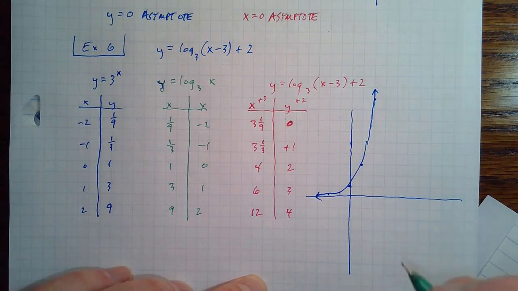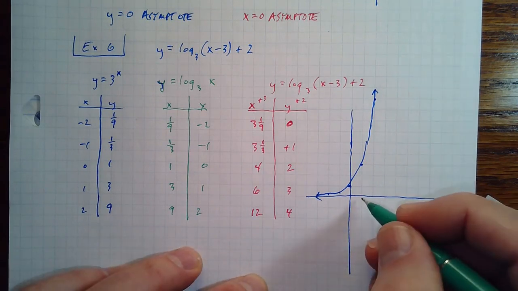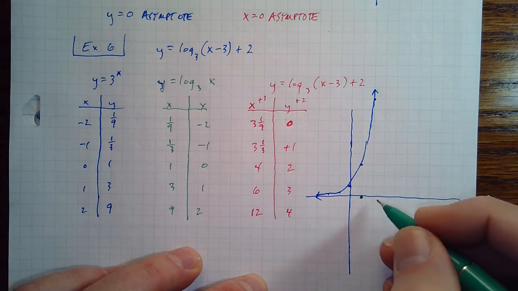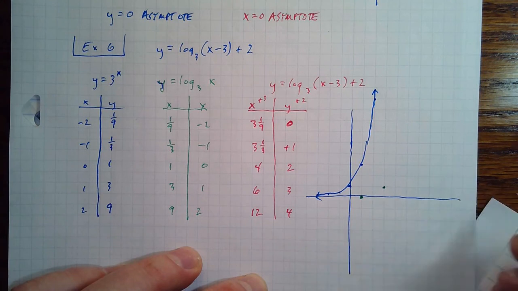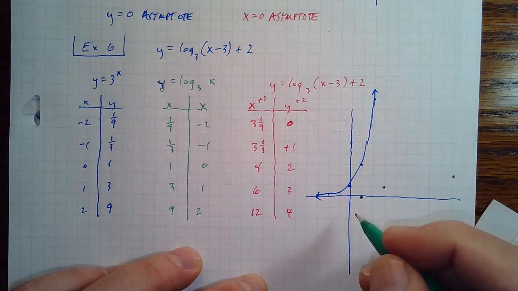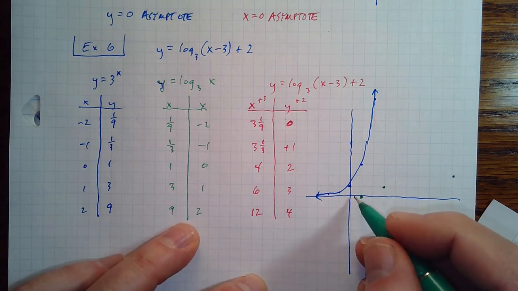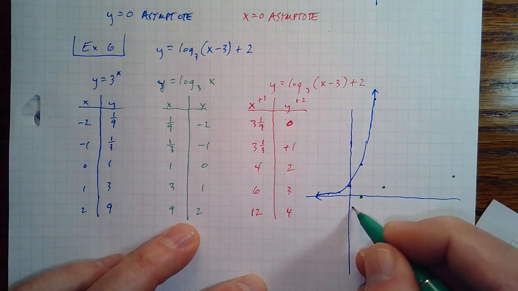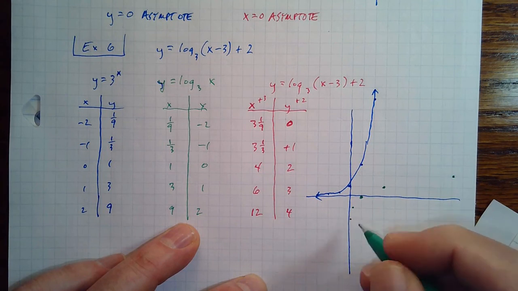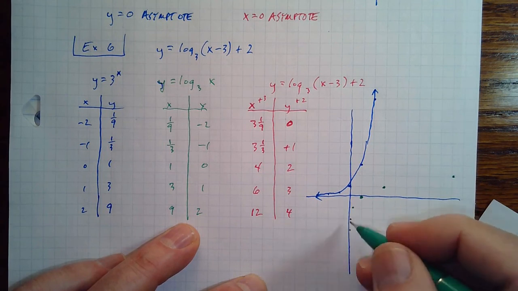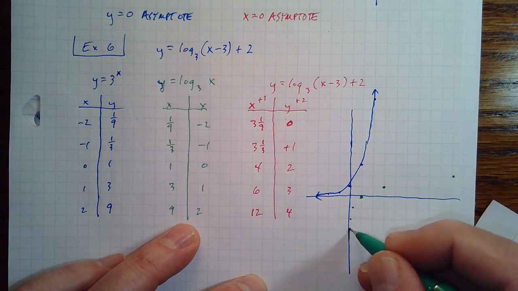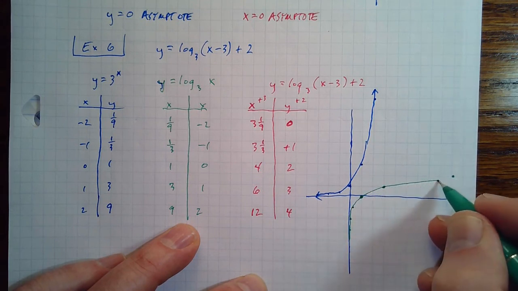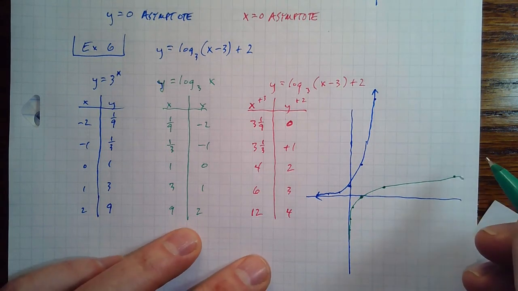Then my green one, I'm going to go at 1, 0, 3, 1, and 9, 3, 6, 9, and 2. And then these little guys, 1/3 is a negative 1, 1/9 is a negative 2, getting almost to that asymptote of the y-axis there for the logarithmic one. So that curve looks like that.